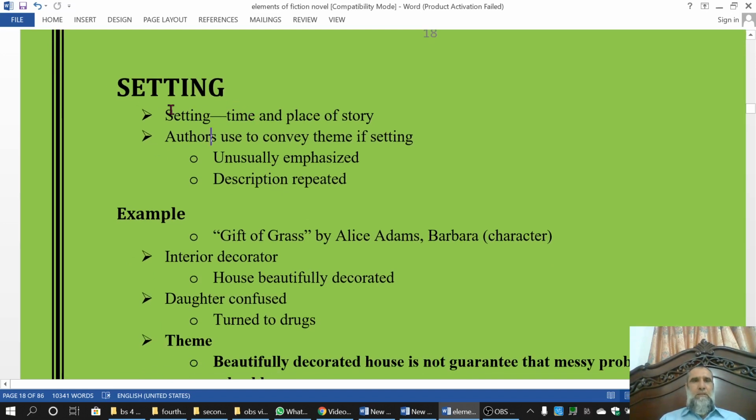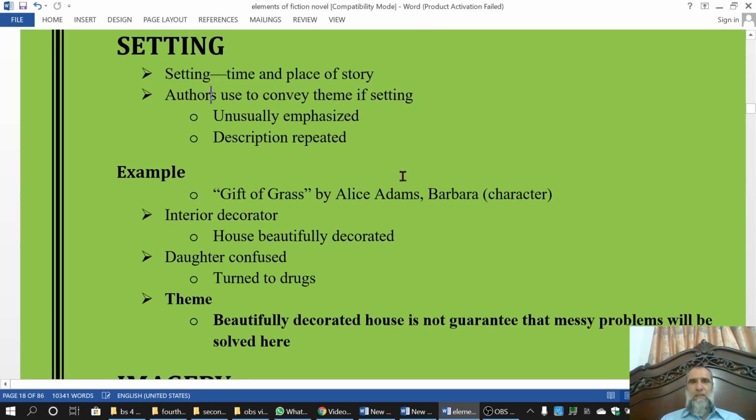Writers use their setting to convey the themes. It is important for theme conveyance. It often happens that when setting is unusually emphasized, when there is a lot of emphasis or it is described repeatedly, we come to know that this setting has some importance.